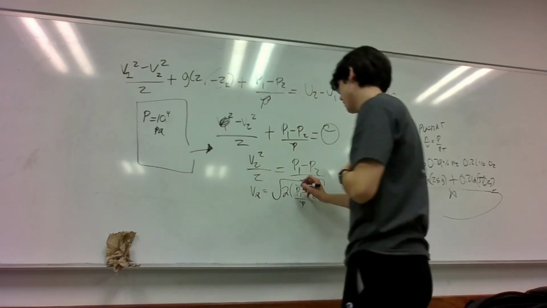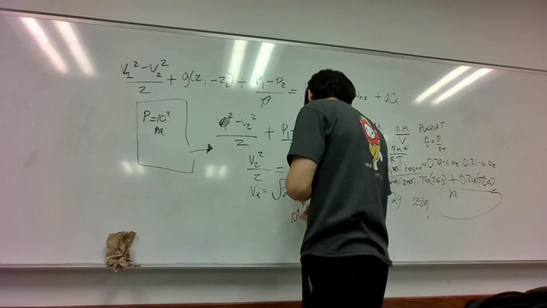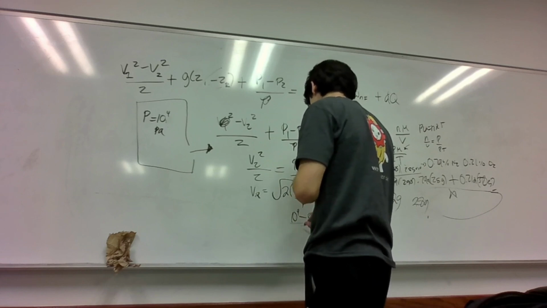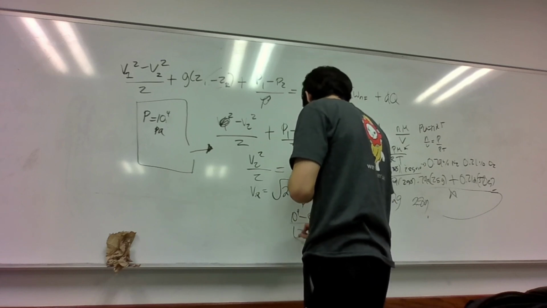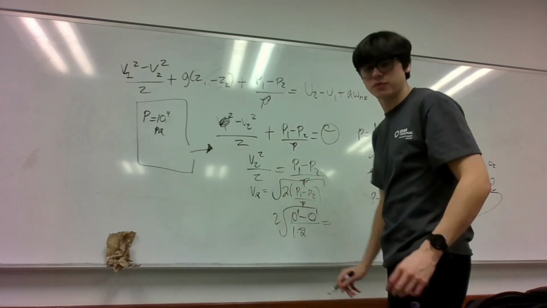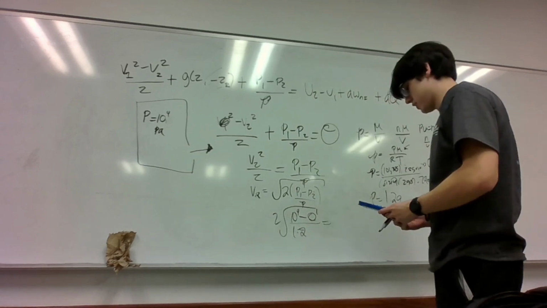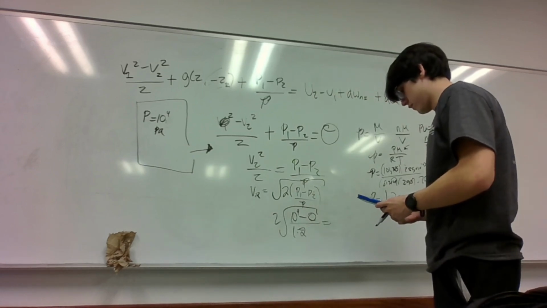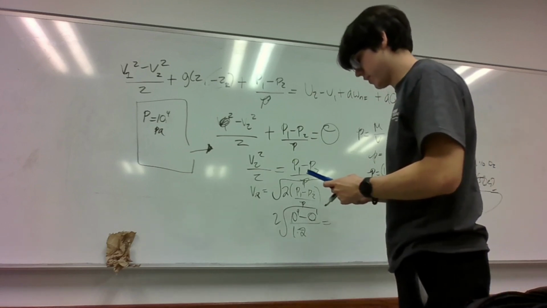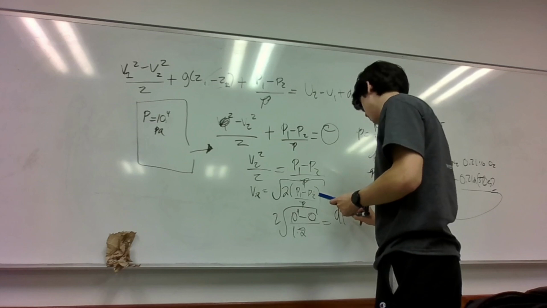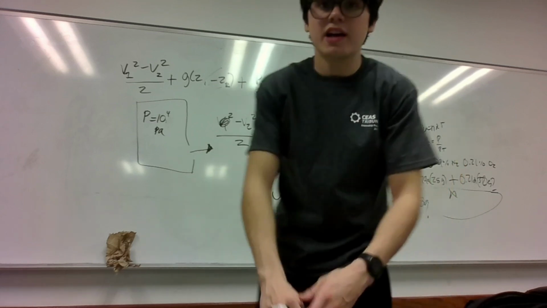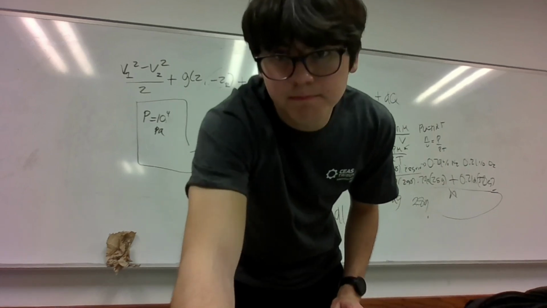So P1 is 10 to the 4th minus P2 is 0 over 1.2, 2 times that, so let's see what number we get. 10 to the 4th divided by 1.2, square root of that, 91 meters per second that's going to flow out. So that'll be the velocity of the air exiting the system.